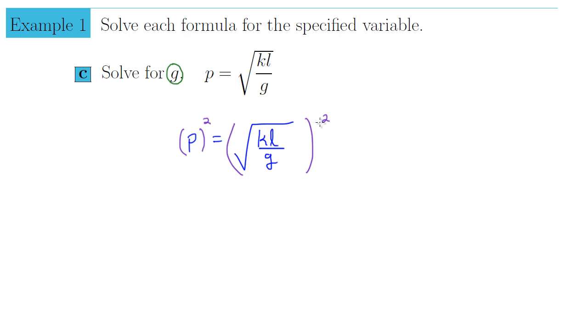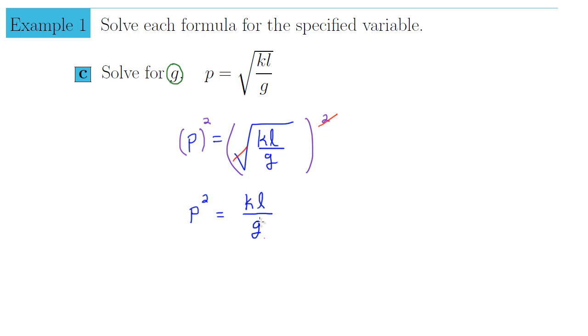The square and the square root are going to cancel on the right side, leaving me with p squared equals KL over g. Now, to get rid of this denominator, I'm going to have to multiply both sides by the LCD.